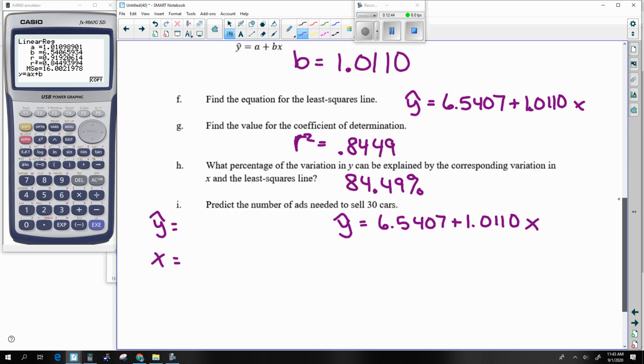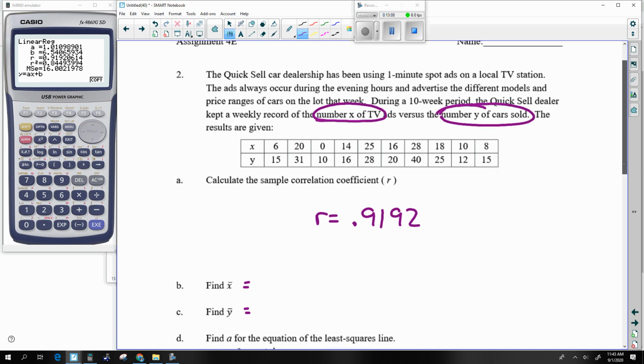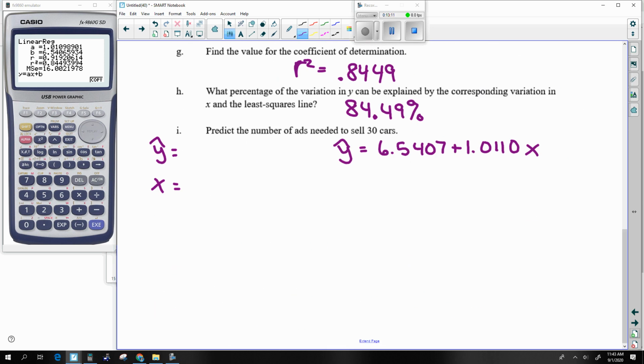So I go back to the very top. I see that the number of TV ads is x, and the number of cars sold is y. All right, so here they sold 30 cars.